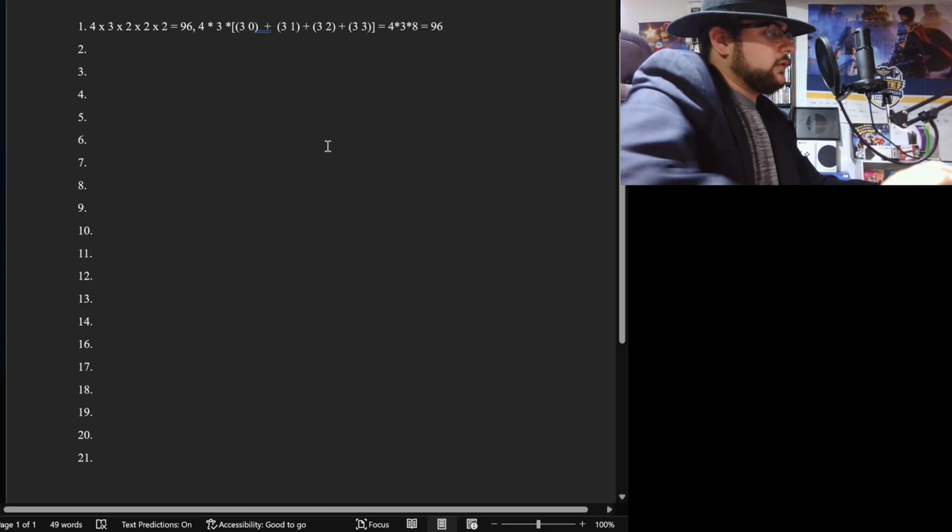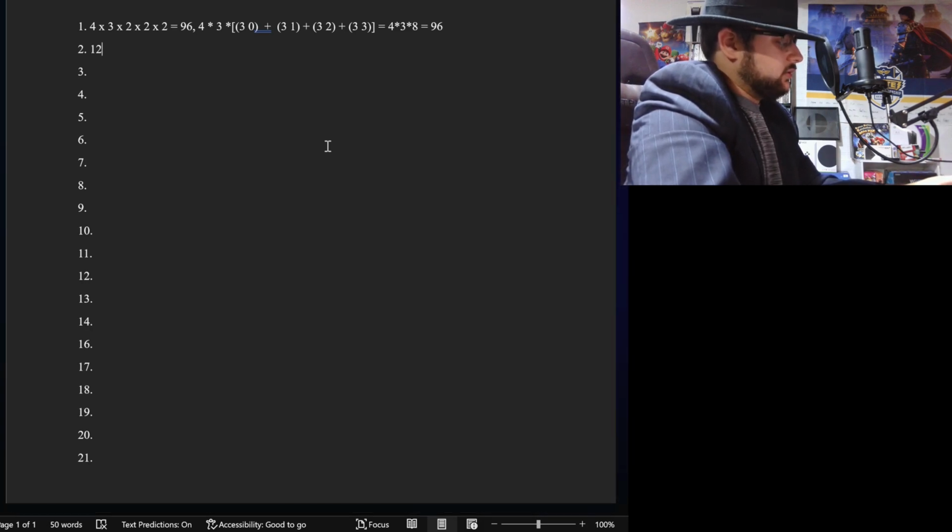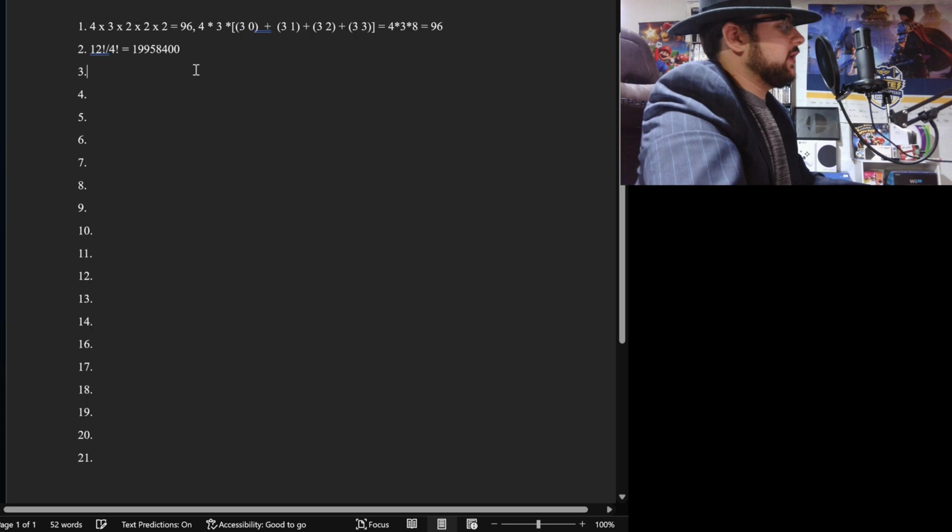Because there are 12 chairs, it's 12 factorial over the factorial of the empty chairs, because there are 8 people. So there are 4 empty chairs, and that's it. That is 11,958,400. Do that with a calculator. Don't do that in your head.